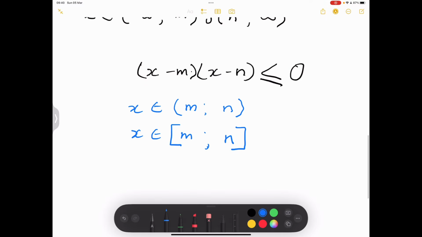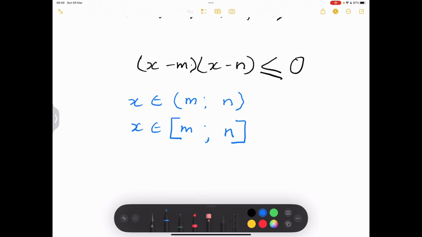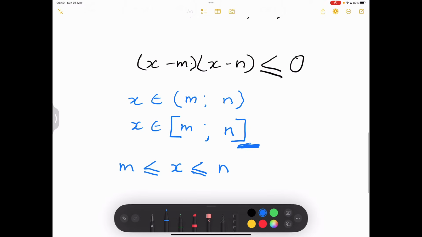Now, what would be another way of writing that? We'd say x is less than n, so it's between values where x is less than n, but x is greater than the value of m. So this would be another way of writing that down.